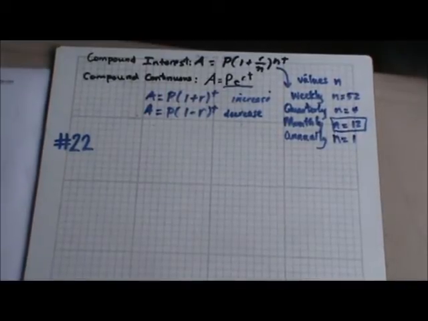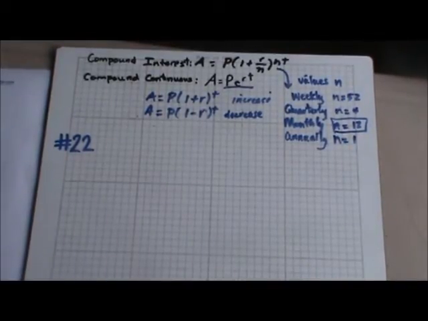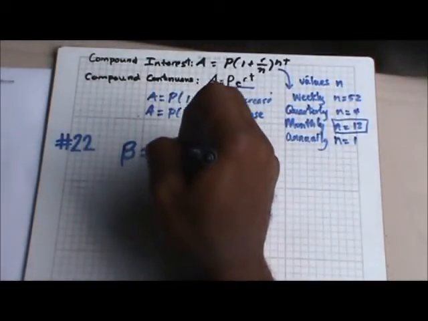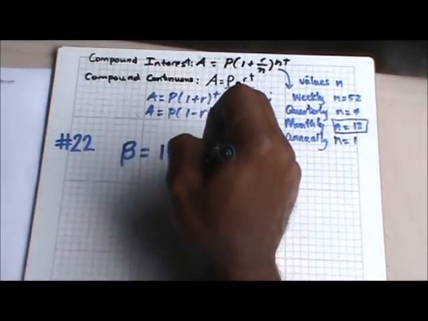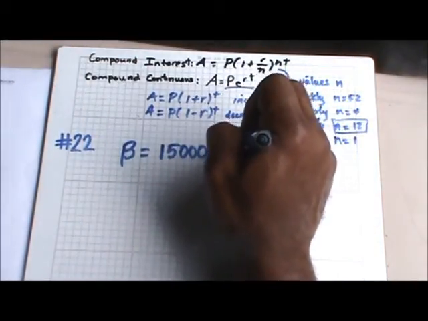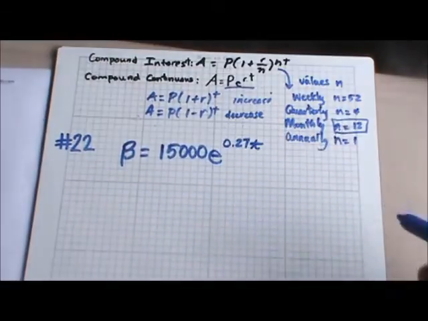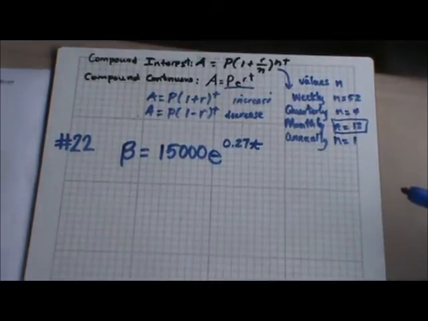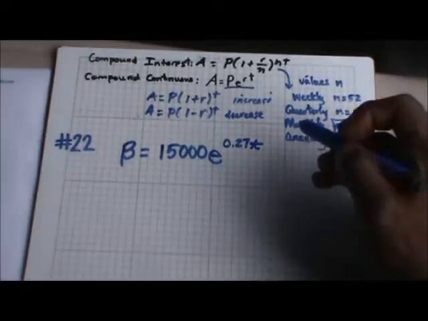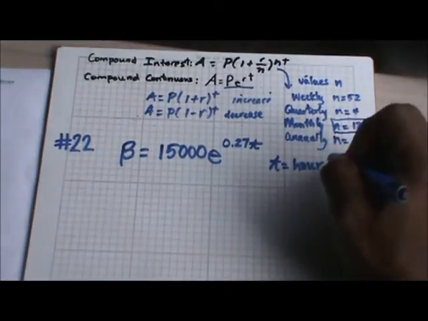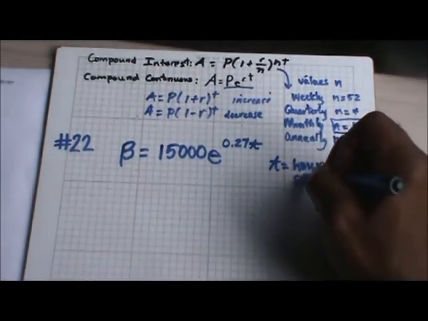Number 22, in a bacterial culture, the number B of bacteria present is modeled by B is equal to 15,000 E to the 0.27 T. It looks like the PERT, the continuous compound equation, where T represents the time in hours, since 12 noon.